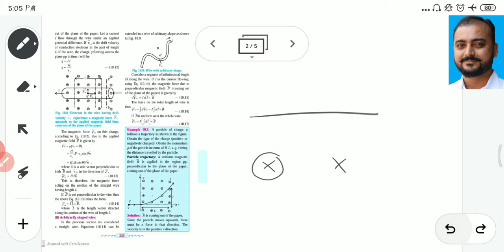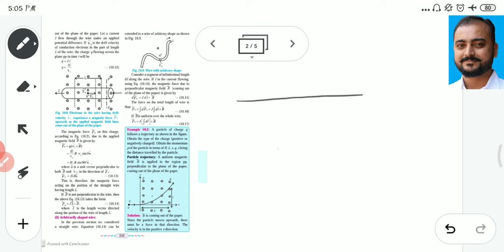Now here we consider case 1, a straight wire. Let us consider a wire having length L, and let this be the length of the wire. For our convenience we draw this wire like this. Here this is the magnetic field experienced by this wire.